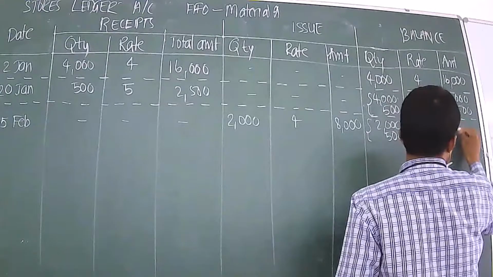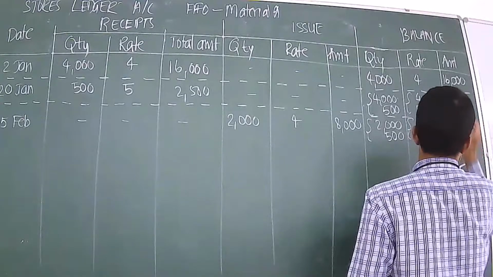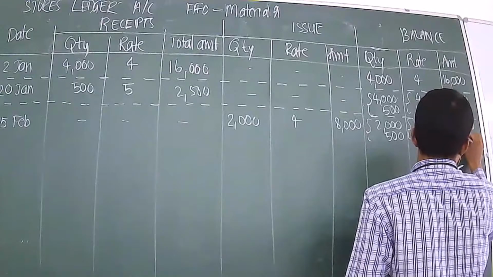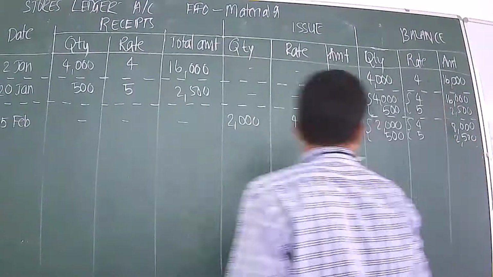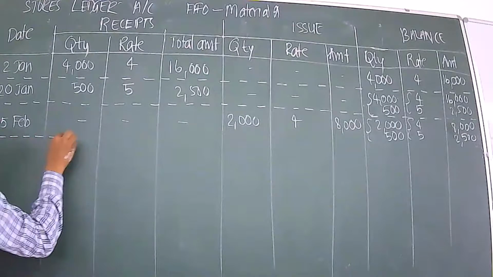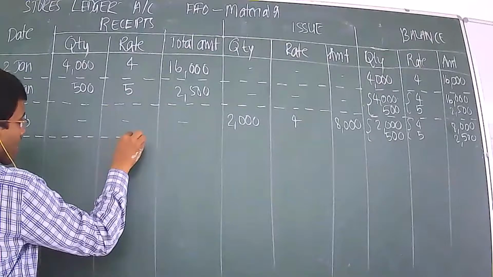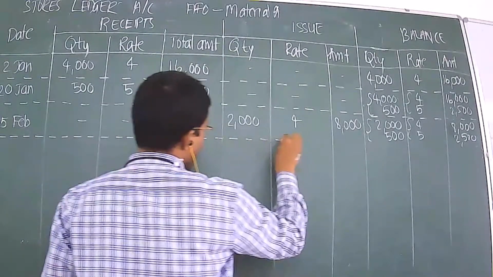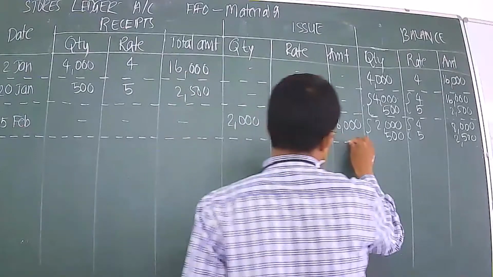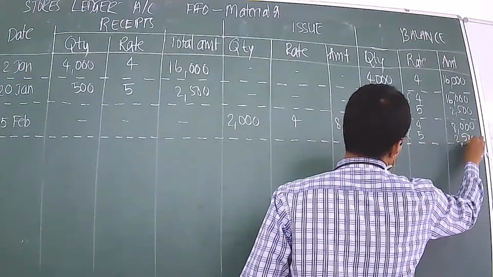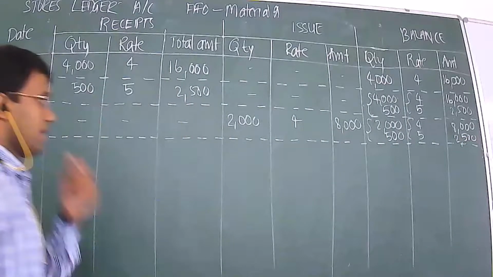So let's record the closing balance: 8,000 and then 2,500. So we just processed the issue and we have recorded the balance as well.